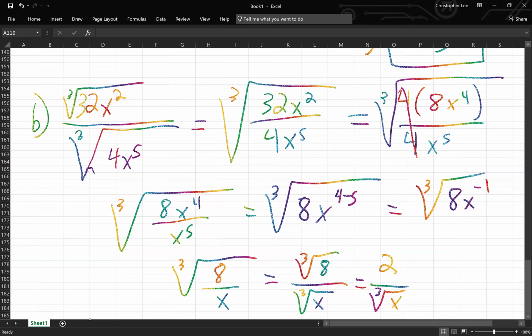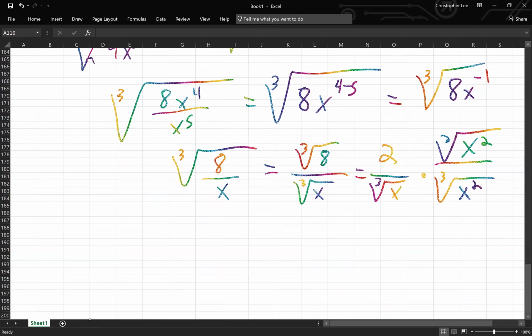So this is going to be times the cube root of x squared. And what you do to one side, you do to the other. What we do to the bottom, we do to the top, x squared. Final answer is going to be 2 cube root of x squared divided by plain old x.